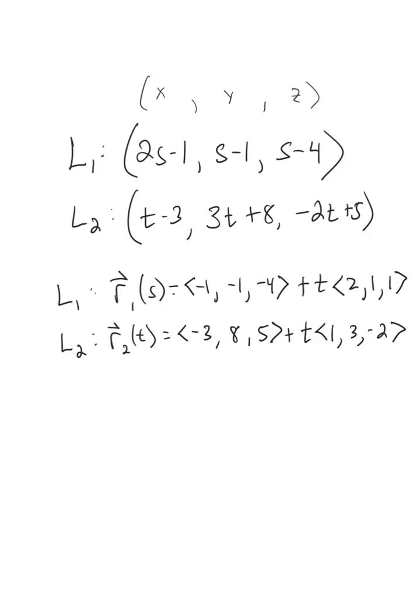If you look at their direction vectors, v1 and v2, they are not equal. So v1 does not equal v2. So that tells us not parallel, and definitely not the same line.